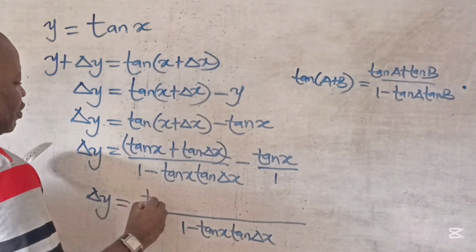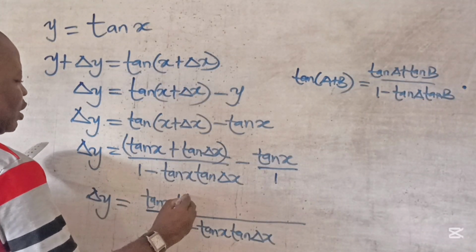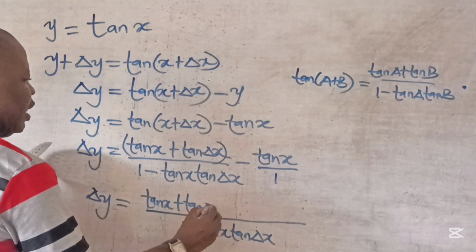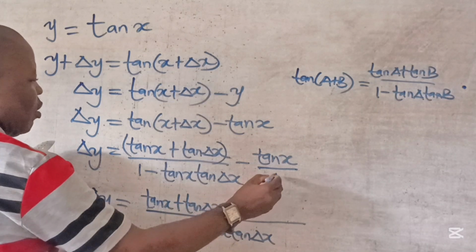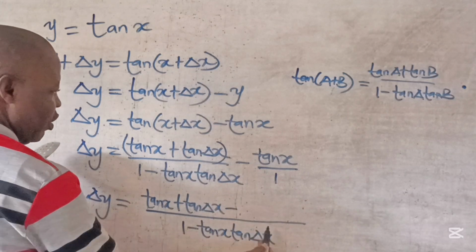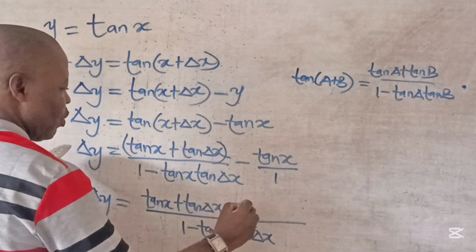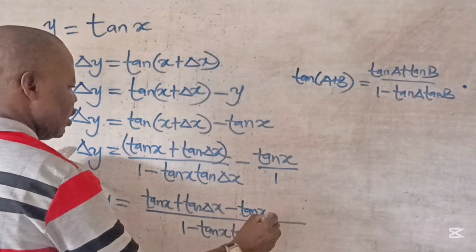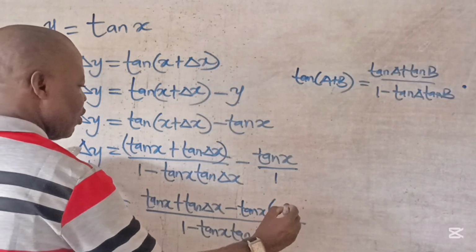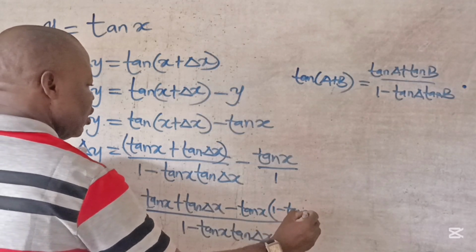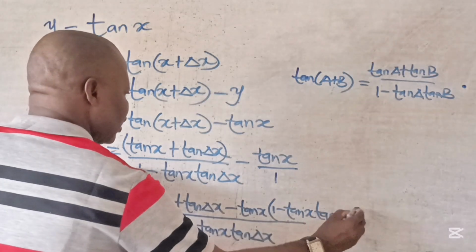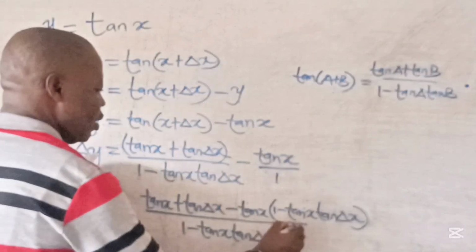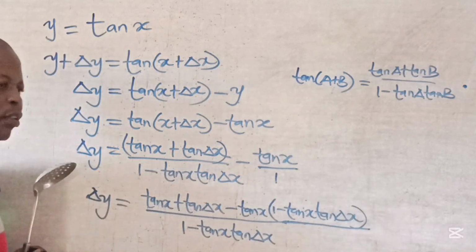That means we are still going to have tan x plus tan change in x minus 1 in the whole of this will give us this. That means multiply that by this. We have tan x into 1 minus tan x tan change in x, which this one extends to that place.